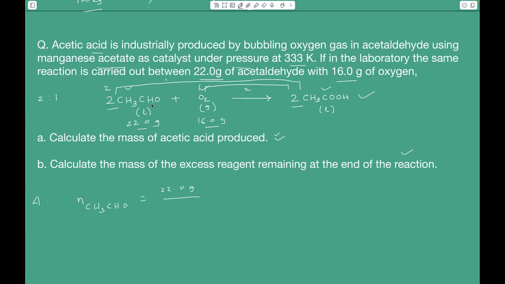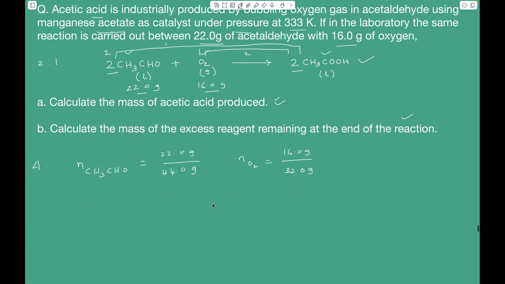For acetaldehyde, the molecular weight is approximately 44, expressed in grams is 44 grams. And the number of moles of oxygen is, again, the given mass divided by its molecular weight in grams. Here we are talking about oxygen molecules, so its molecular weight is 32, expressed in grams is 32 grams.